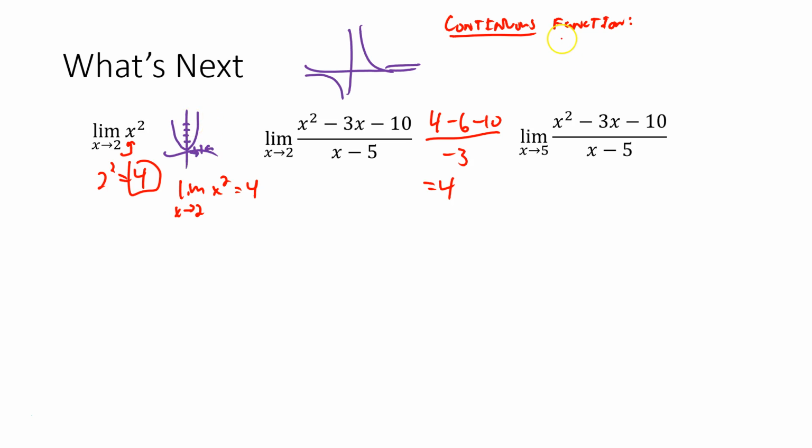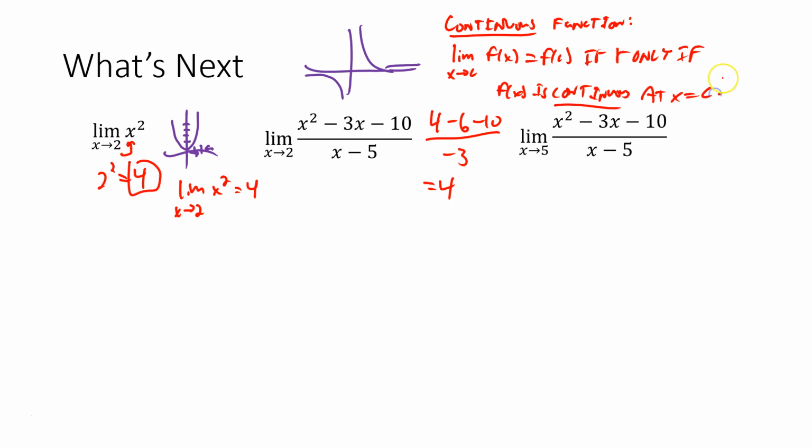The way that we talk about a continuous function is we say, I just wanted to make sure I define it the same way that it is on your packet: the limit as x approaches c of f of x is equal to f of c if and only if f of x is continuous at x equals c. Okay.